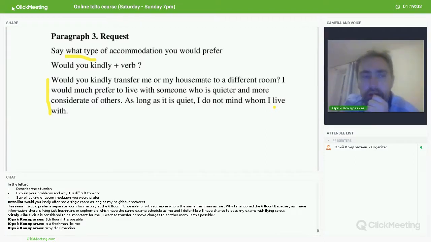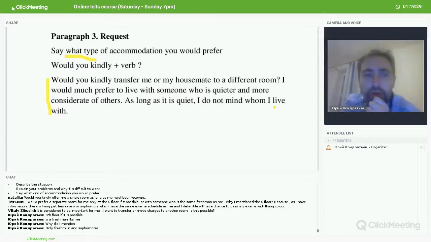The 6th floor, because as I have information, there live only freshmen and sophomores. Without there is, there are. Or you can say there are only freshmen and sophomores.